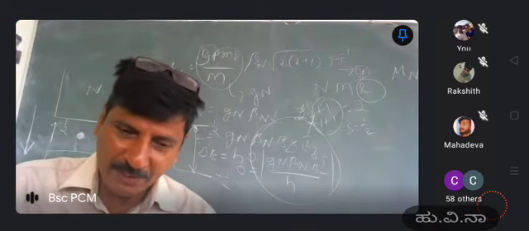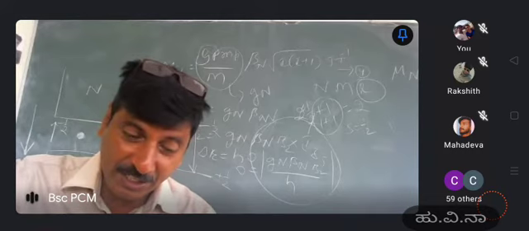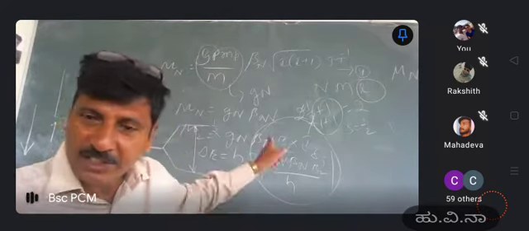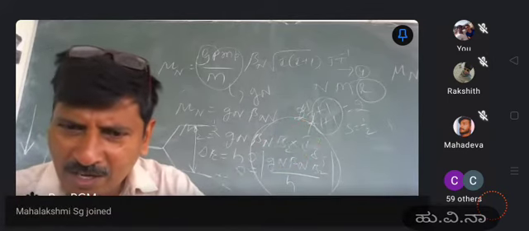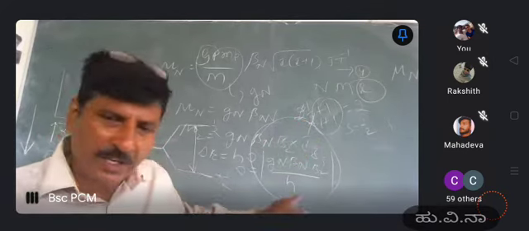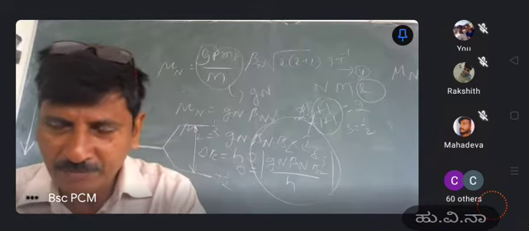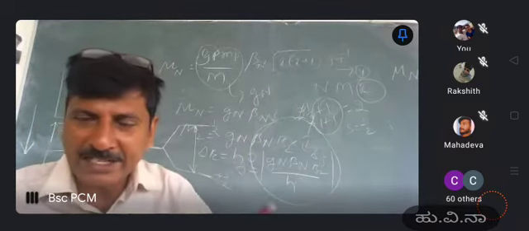This interaction creates two different energy levels. The higher energy level is called the alpha state and the lower energy level is called the beta state. That gap we call delta E.